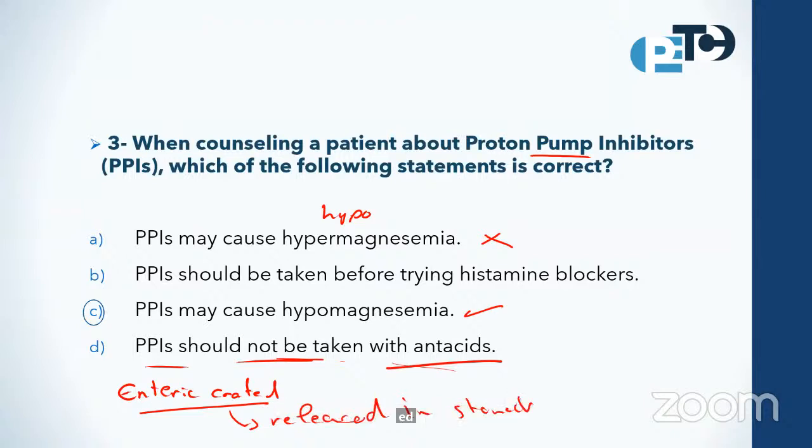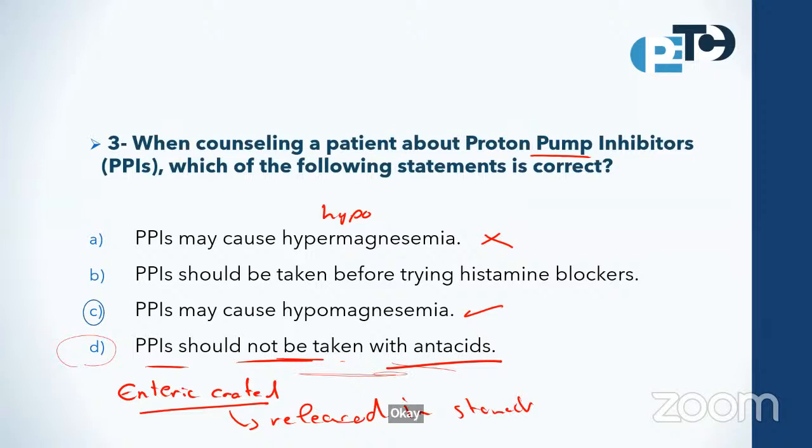So the PPI in this case will be just subjected to the HCl that is present. The effect will be lost, and the effect of PPI will be lesser. So you should make a separation between doses. You should not give them together at the same time, and let the PPI pass the stomach, reach the intestine, and then release the drug and start to do its effect.